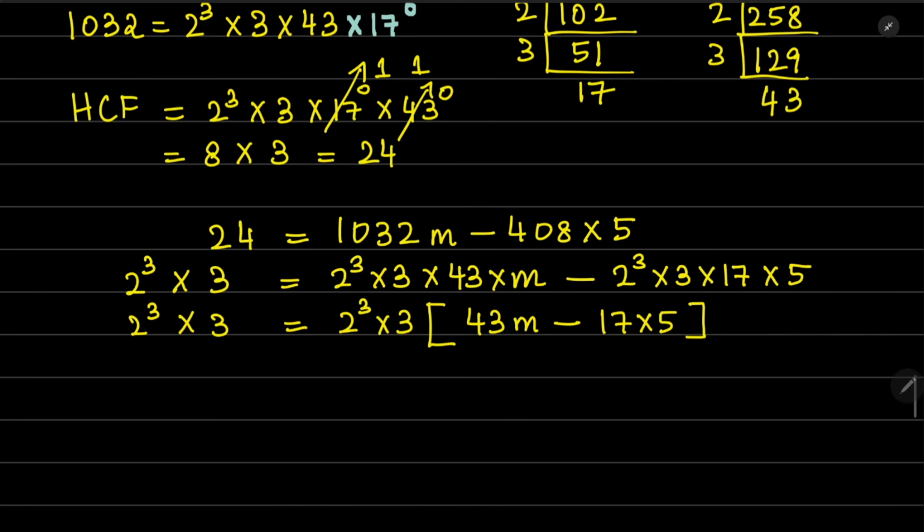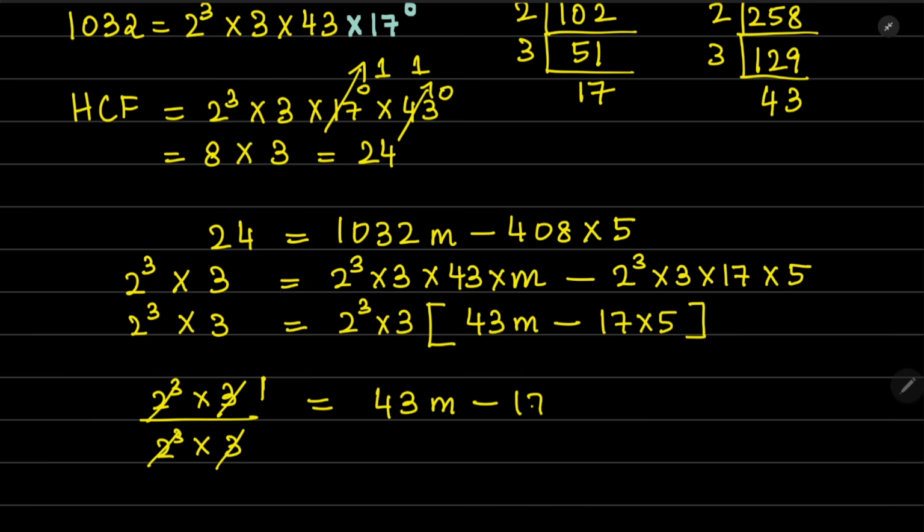If this particular term comes to the denominator, you'll have 2 cube multiplied by 3 divided by 2 cube multiplied by 3, right? These will cancel out to be 1. So 1 is equal to 43m minus 17 multiplied by 5.